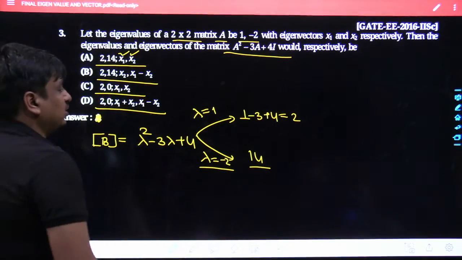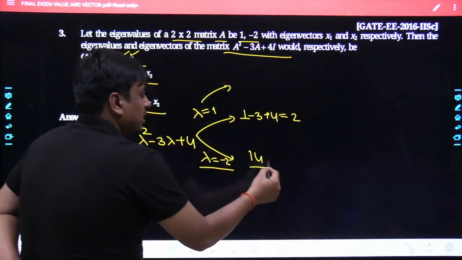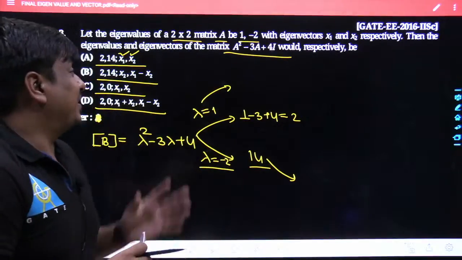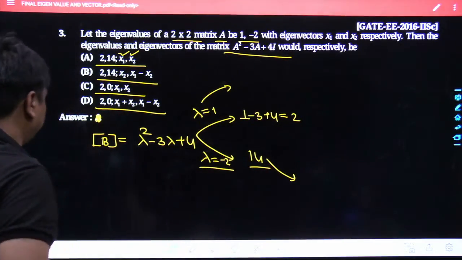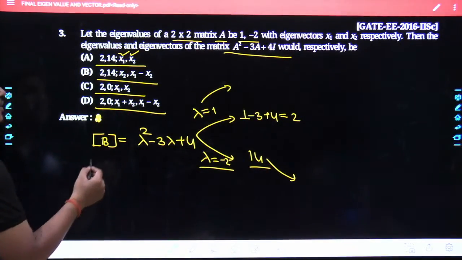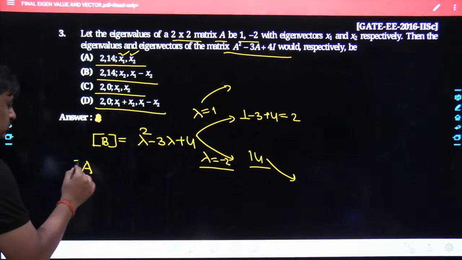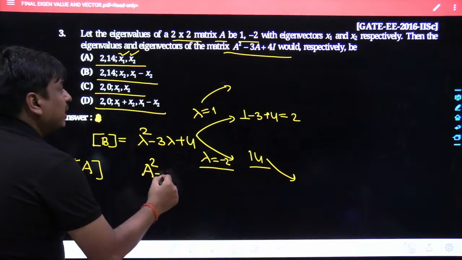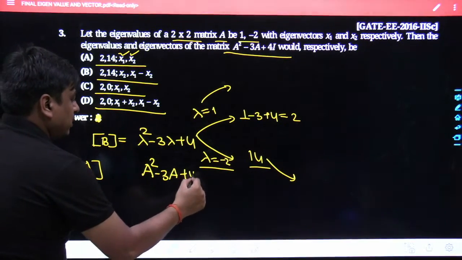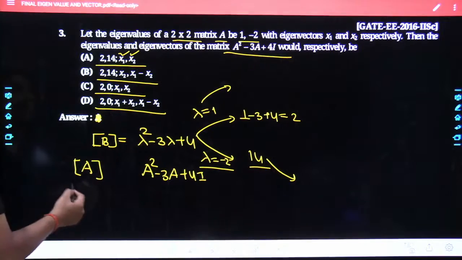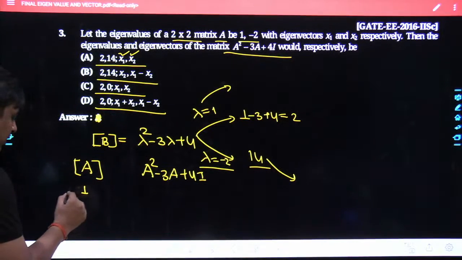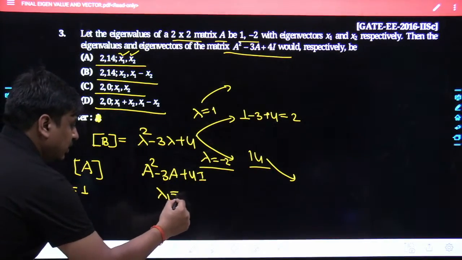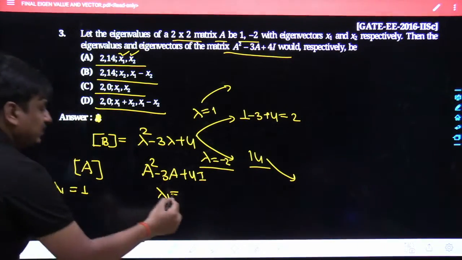And keep in mind, corresponding to lambda equals 1 and lambda equals 14, the new eigenvector would be the very same as the earlier eigenvector. Just try to understand it this way. You had the matrix A, and the matrix A square minus 3A plus 4I. The lambda was 1, here it became 2.